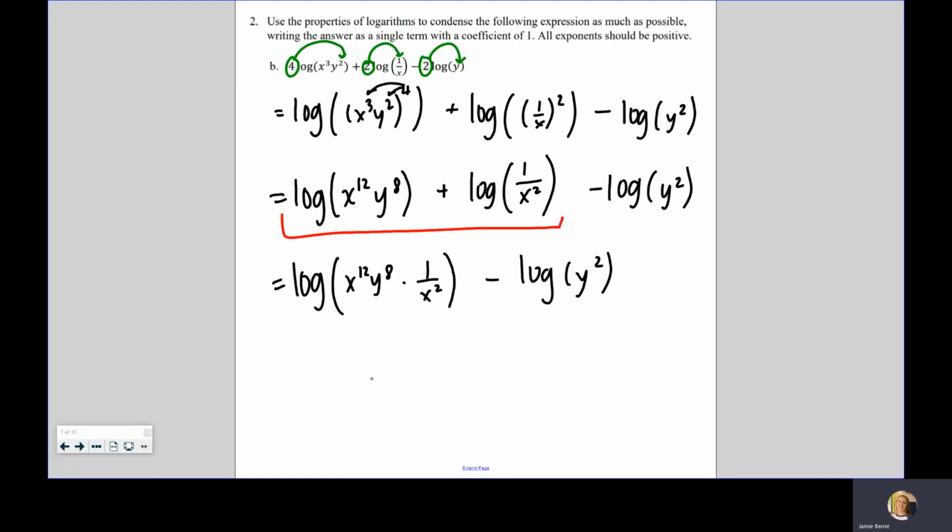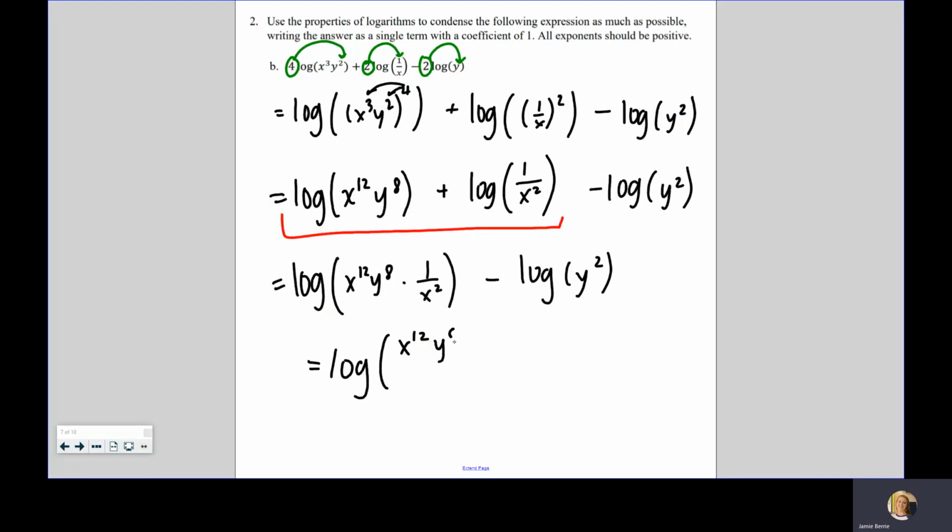We're going to combine these so you can rewrite this as a fraction. You could do x to the 12th, y to the 8th over x squared. I'm trying to write in a straight line, but struggling.